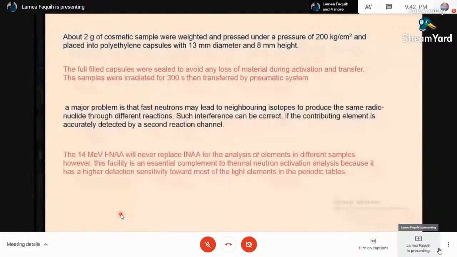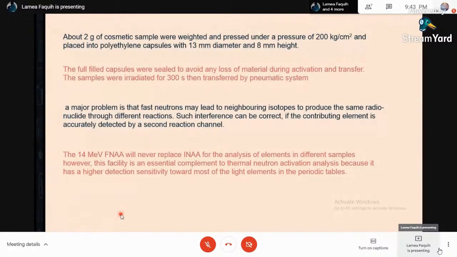A major problem we face here is that the fast neutrons disturb the neighboring isotopes, and these disturbed neighboring isotopes may give off radiation from some radionuclide through these interactions. So that is one of the disadvantages of fast neutron activation analysis.